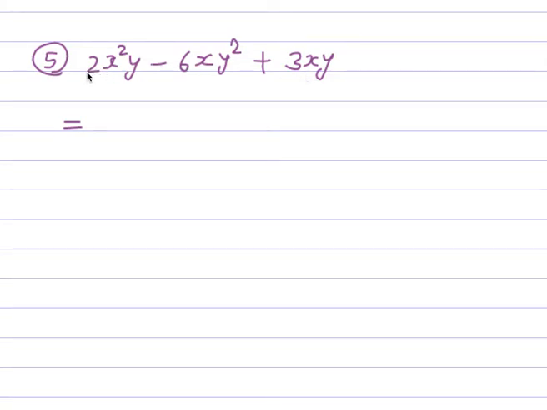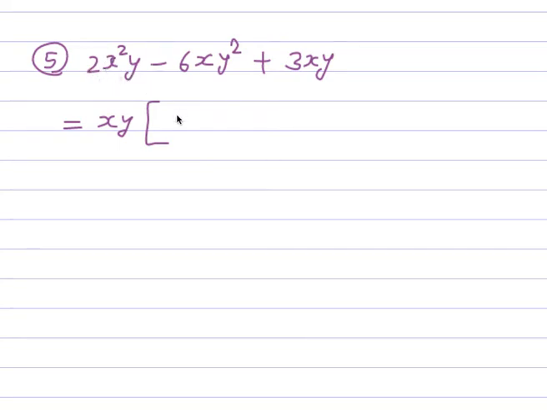Yeah, here 2 we can't take common. Here there is no highest common factor. Okay, don't take. Here x square, x and x. So here we can take common single x. Y square, y. Oh yes, we can take common y.